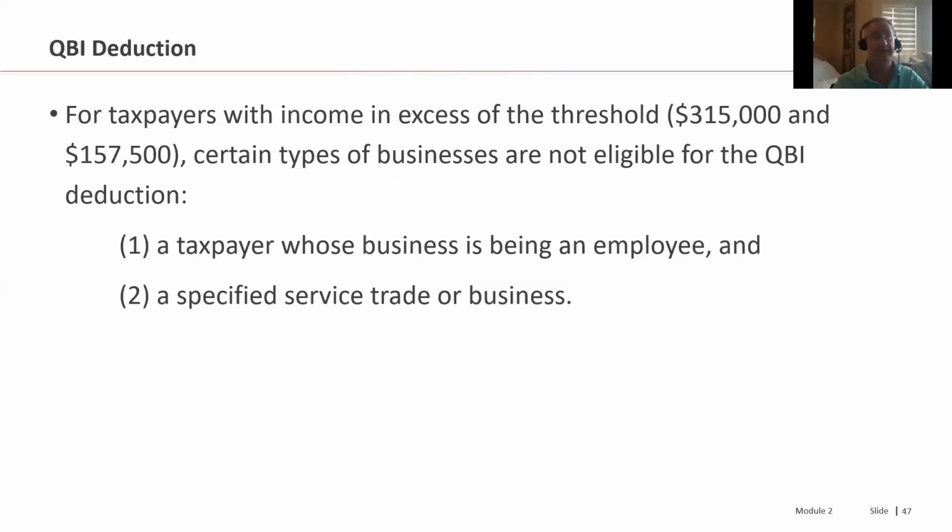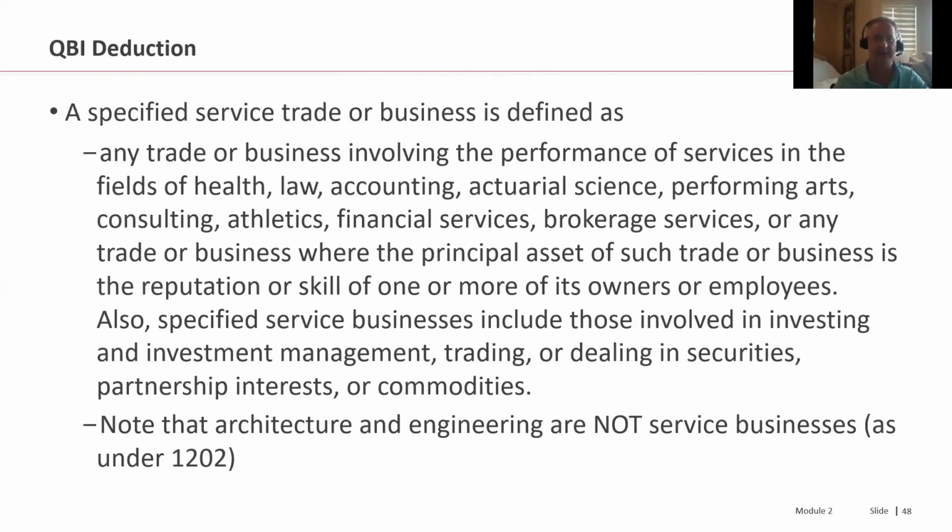So the QBI deduction was meant for people who are hiring lots of employees and investing in capital. If you're a service business, you're probably hiring lots of employees, but you're not investing in much capital. And so as a result, if you're in any trade or business involving the performance of services in the fields of health, law, accounting, actuarial science, consulting, athletics, financial services, and so on, those are considered a specified service business.